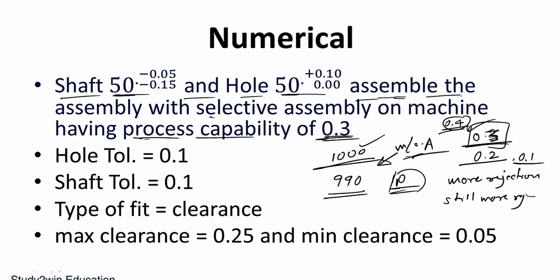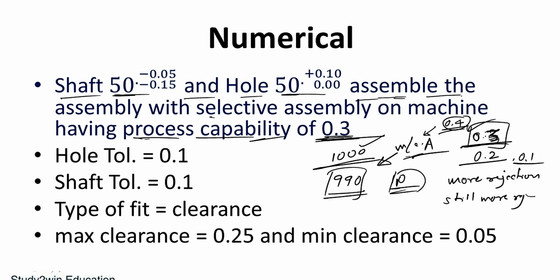But let us not discuss this case, because then you are not utilizing the full capacity of the machine. 0.3 is the tolerance of a part a machine can produce comfortably with a good number of accepted parts. That is called the process capability. Process capability of the machine is 0.3. That means I can produce a part on this machine with a tolerance equal to or greater than 0.3. This is the bottom line.